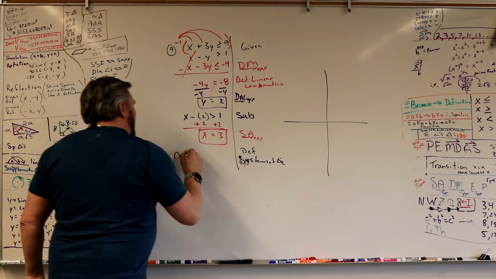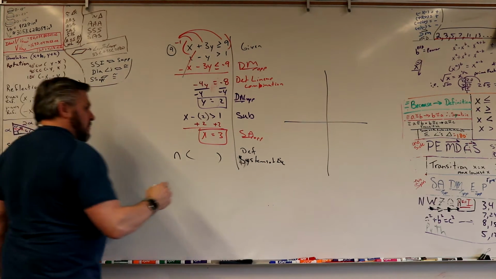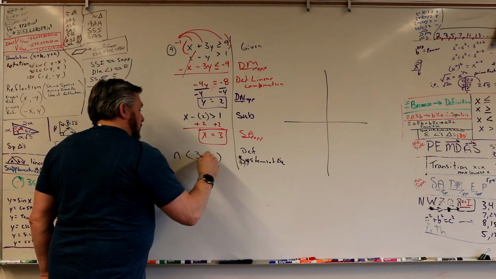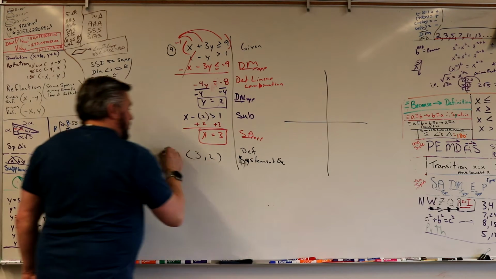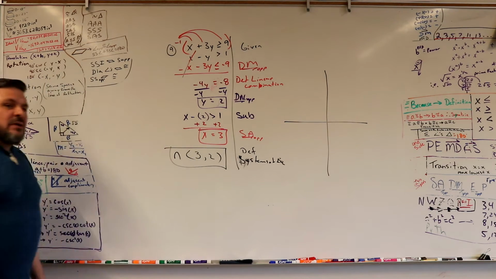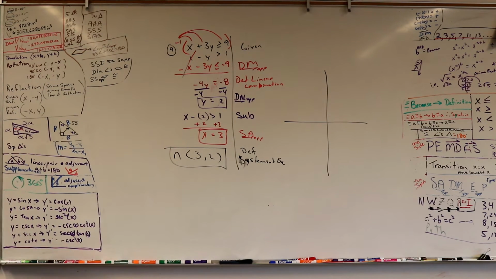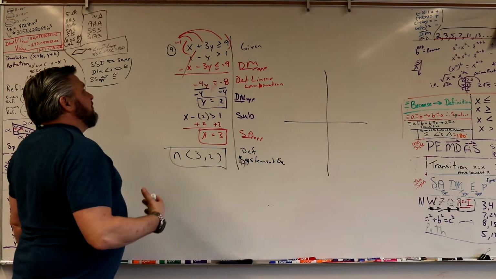And what is my intersection? 3 and 2, right? 3, 2 is my intersection. X, Y, okay? So now let's graph them. Now, graphing is a little bit different.